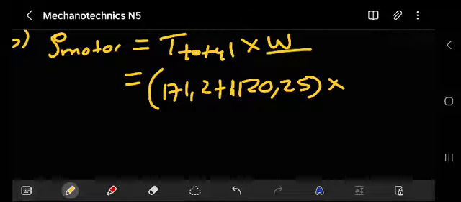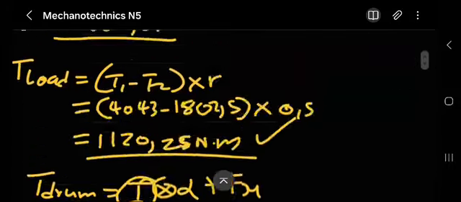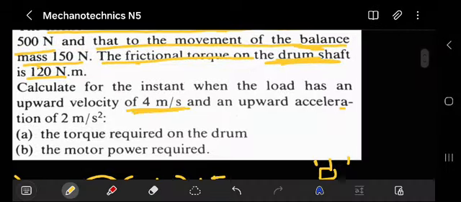We have been given the linear velocity in meters per second, but angular velocity is in radians per second.